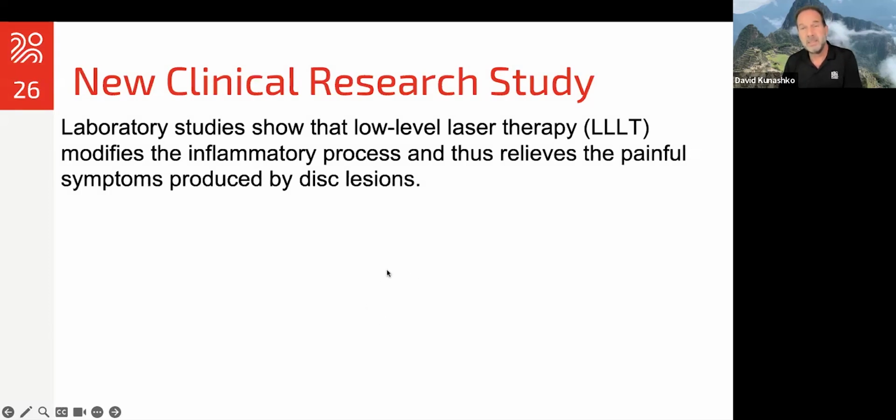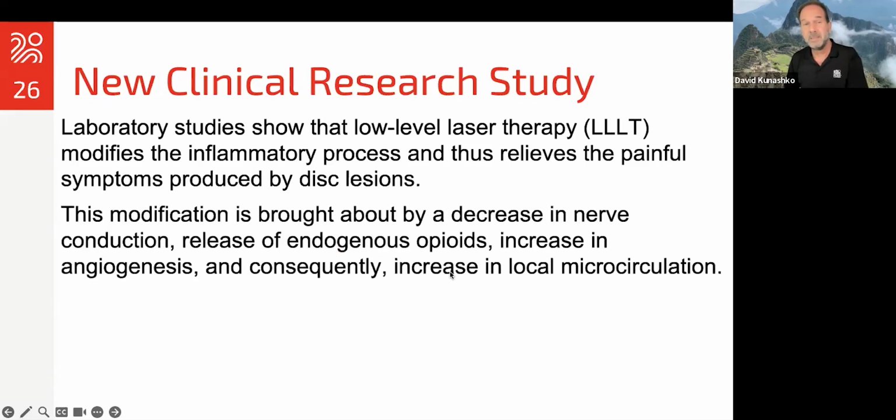And so in this study, they mentioned that laser therapy seems to modify the inflammatory process and therefore helps painful symptoms related to disc lesions. The modification is brought about by a decrease in nerve conduction. This is interesting because, and I've done webinars on this before, it reduces the axonal flow and the transmission of pain, so it helps that way.